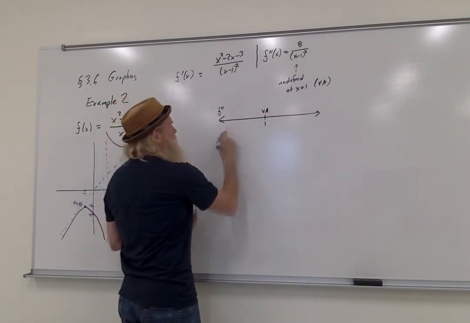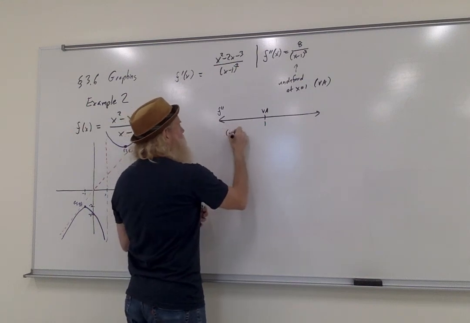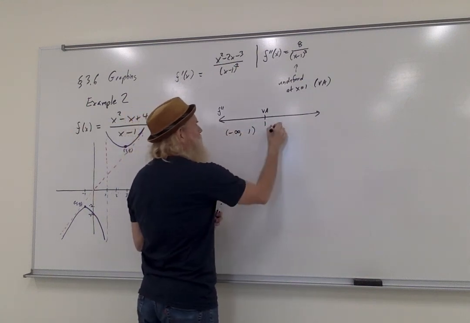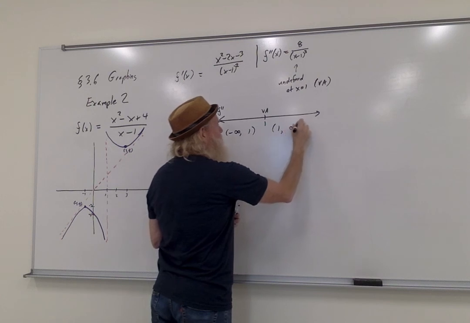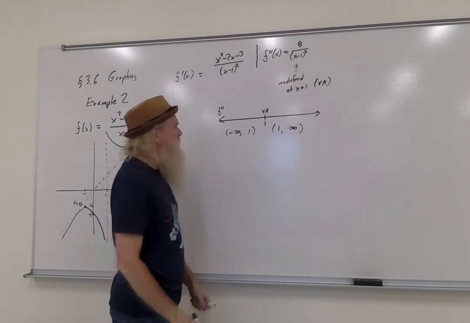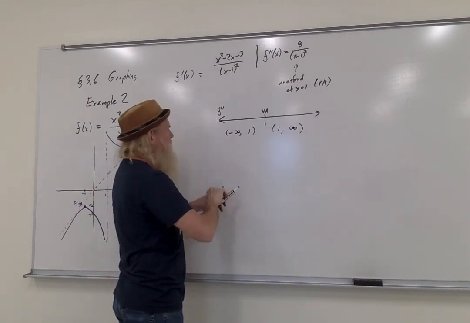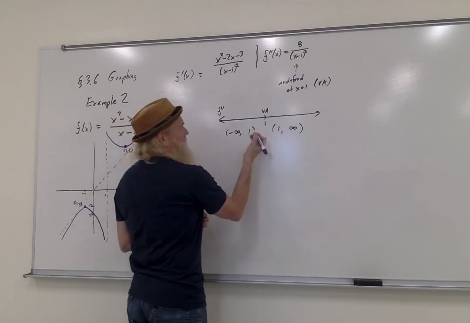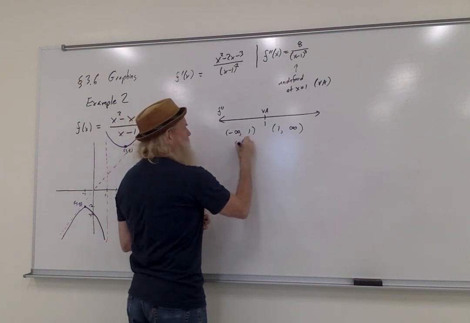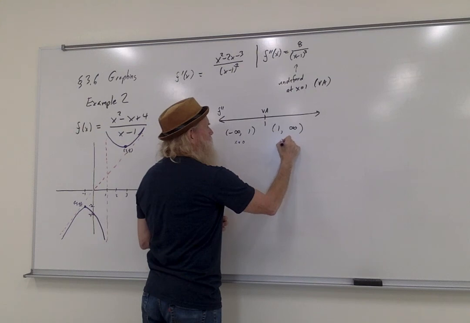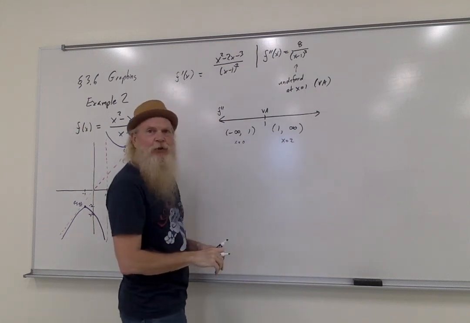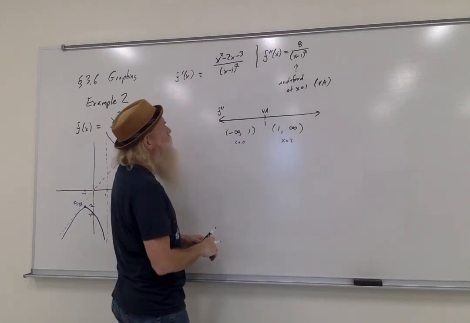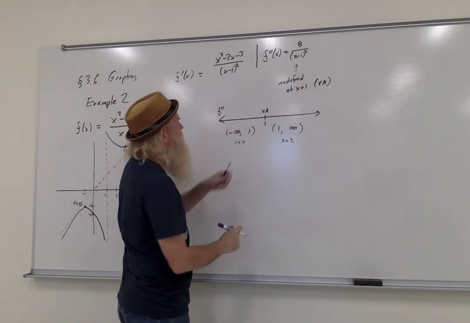So let's look at the intervals. We'll have one interval from negative infinity to 1, and a second one from 1 to infinity. In the first interval, I can choose maybe x equals 0. In the second one, x equals 2. We can substitute those into the second derivative.